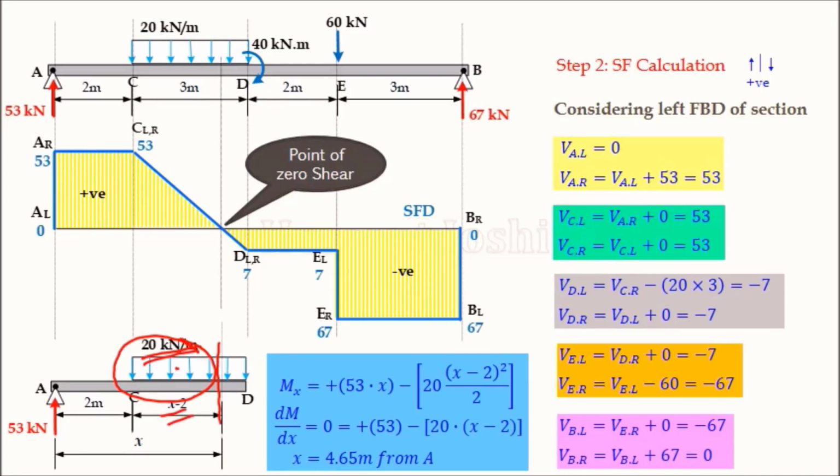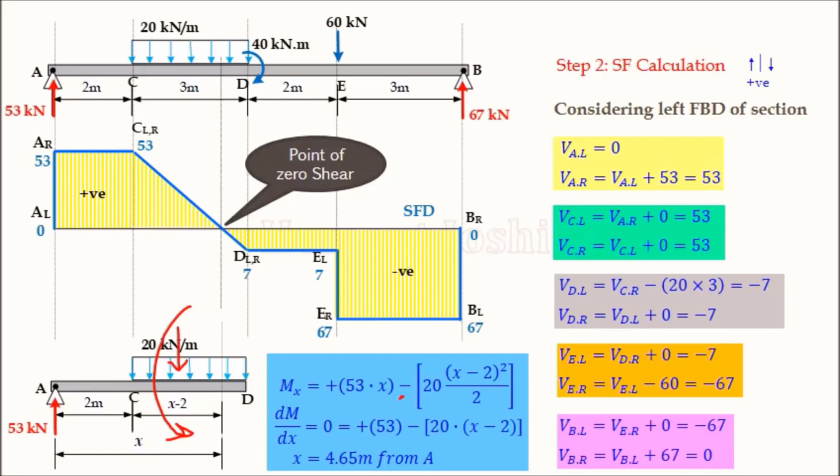So the moment of that UDL is 20 into (x by 2) whole square divided by 2. Observe that this UDL is acting downward, which will create hogging type moment, or in another word, in. As I referred to the term, in is negative, out is positive. This is in, so in is negative, so minus sign is taken.